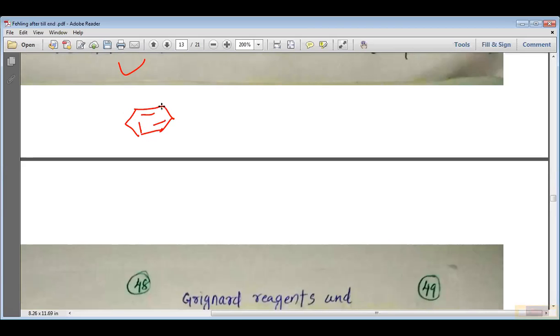Now I would like to share a few more names with you, my dear students. If you have a compound with benzene where you have the carboxylic acid bonded at the ortho position this way, suppose COOH is bonded here, and COOH is bonded on the next position, we shall call it phthalic acid.